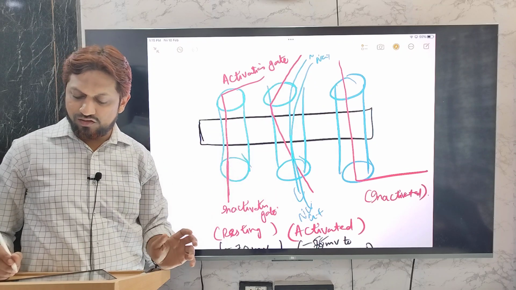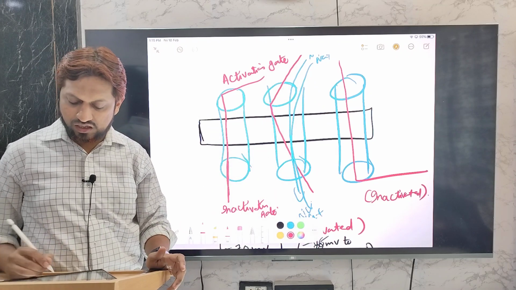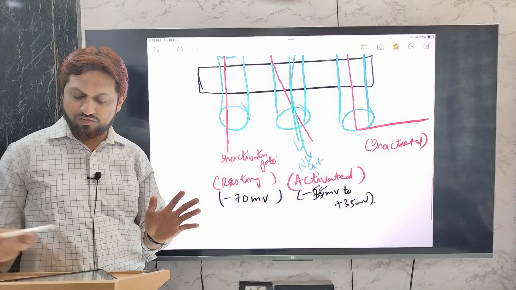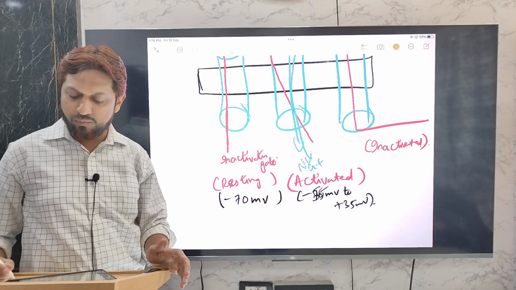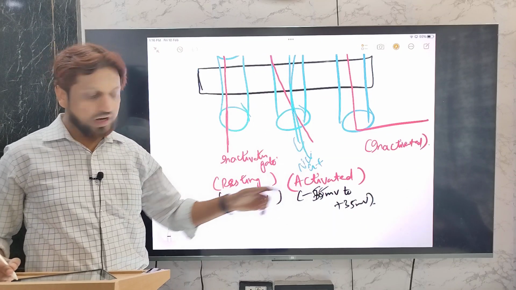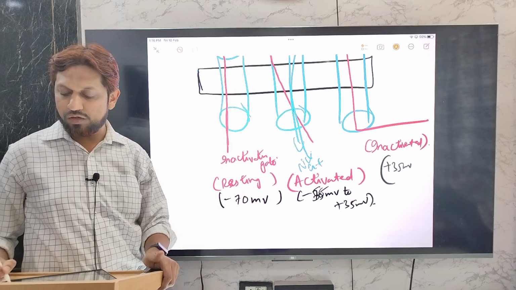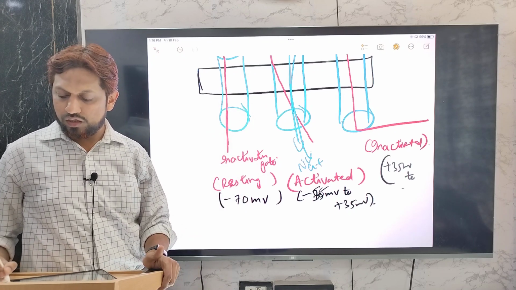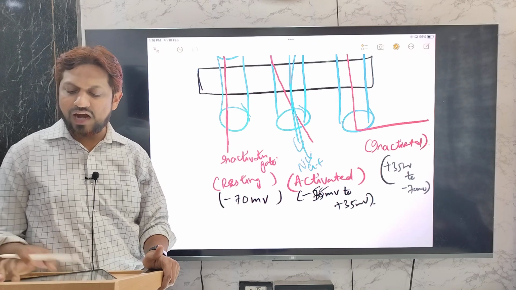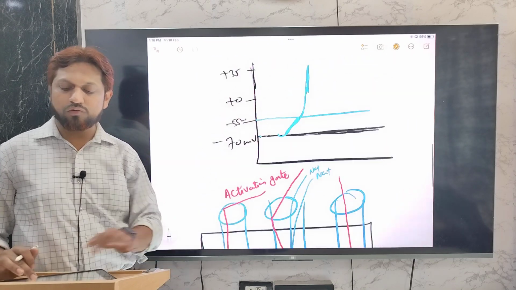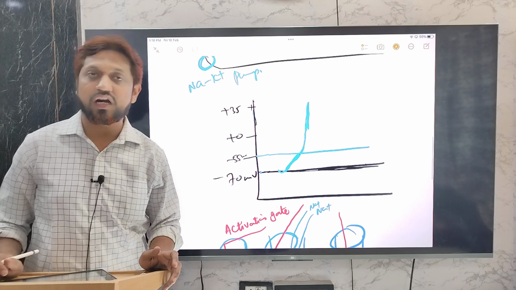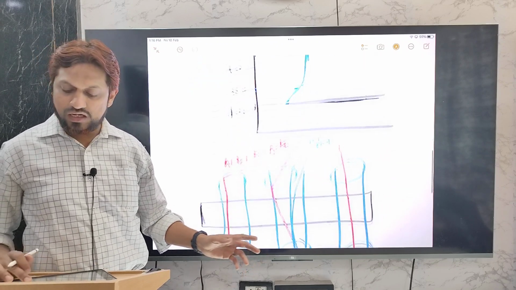This condition occurs when the membrane potential is around plus 35 millivolt, until it comes back to the resting membrane potential of minus 70 millivolt. Till then the sodium channels will be in the inactivated state.